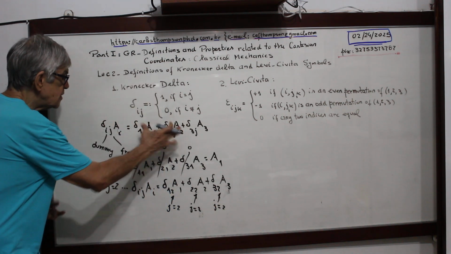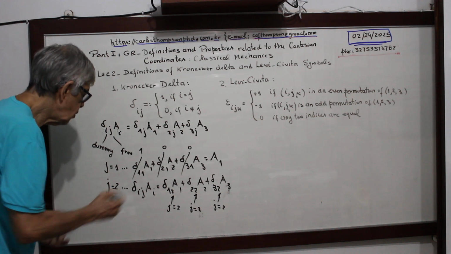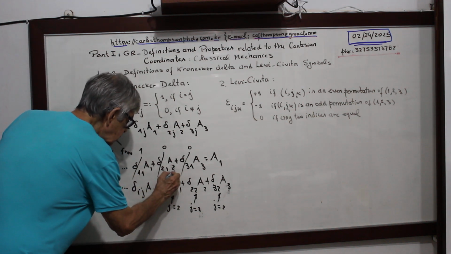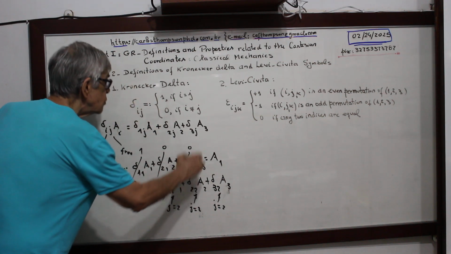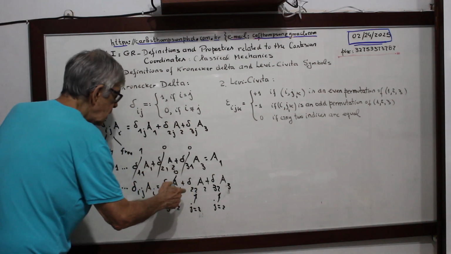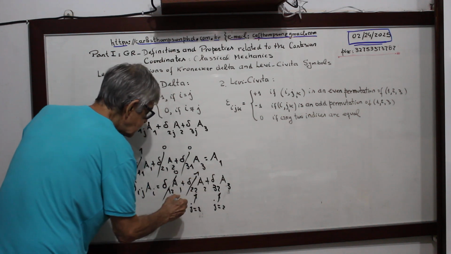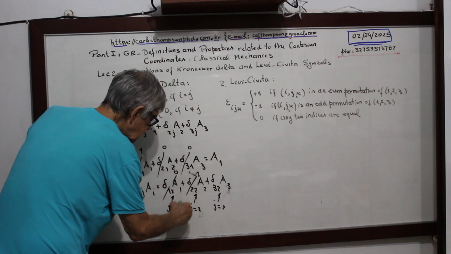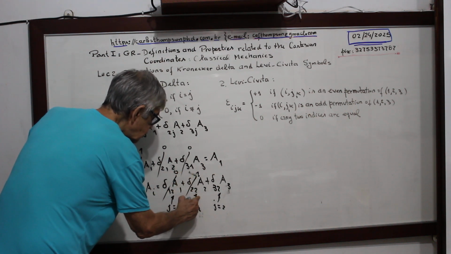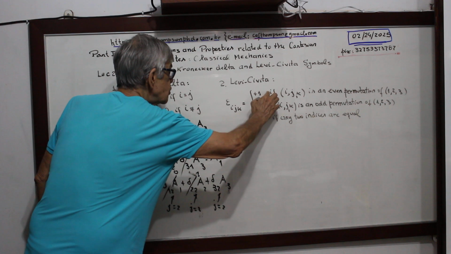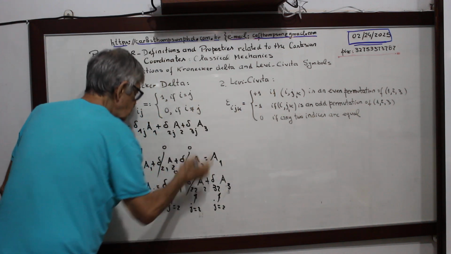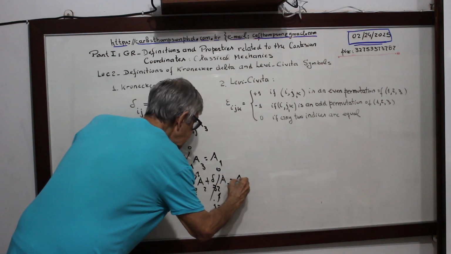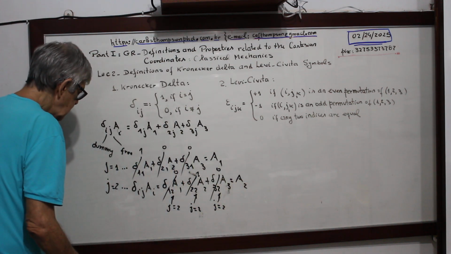So the sum is the same, because this here now will be 0, because delta 1,2 is 0. This will be 1. See? Why? Because in this case i is equal to j. This is 1, and this will be 0. So this will be equal to a2.